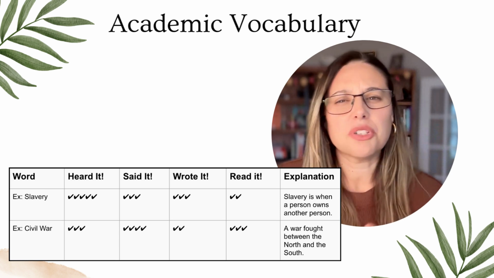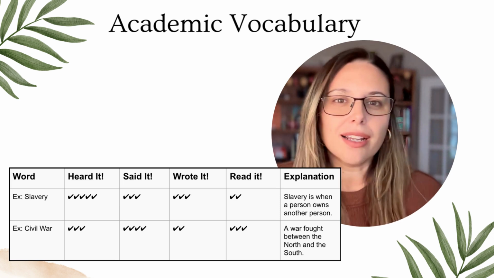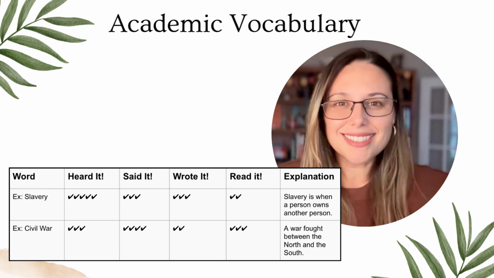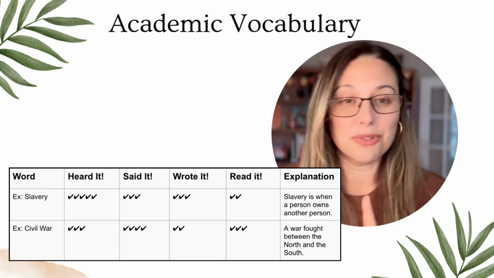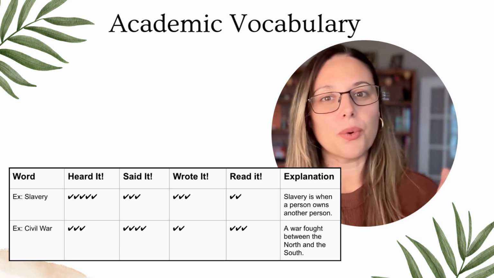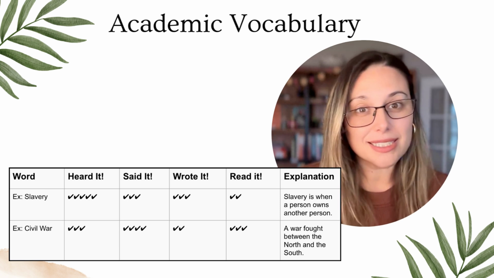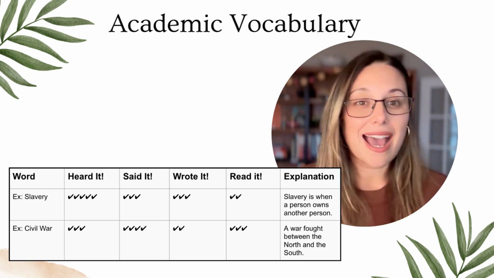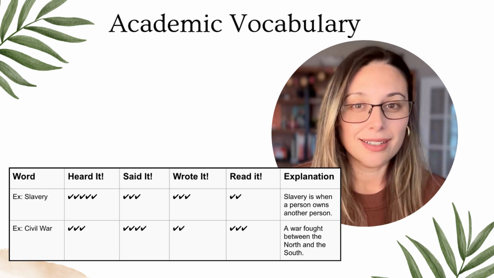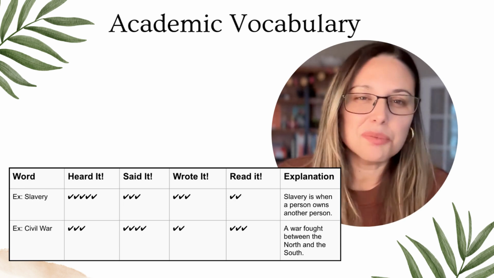So a lot of times in the very beginning, the first time we did it, at the end of the week, I noticed there were a lot of checks for heard it and read it. Those were easy. But I wouldn't see as many checks for said it and wrote it. And usually when I asked them to write a simple explanation of the word, it wasn't proficient enough.